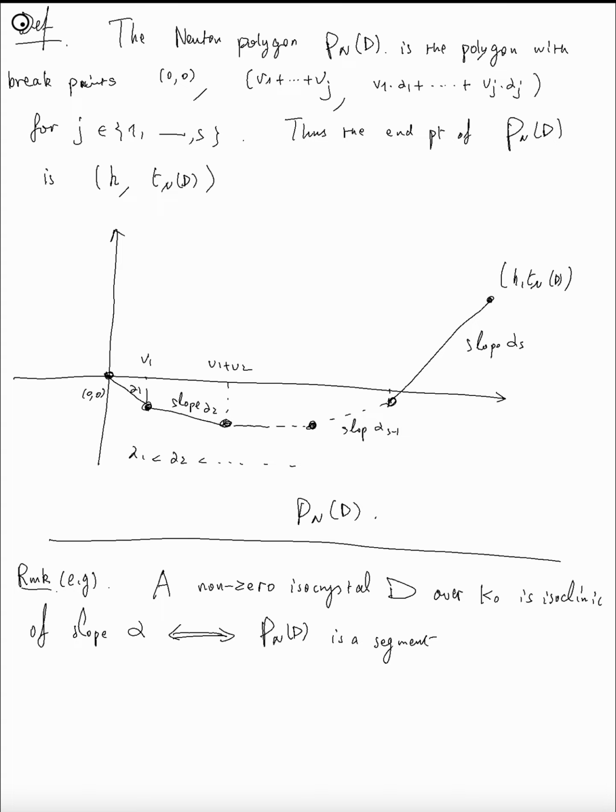Always start at 0, 0, with slope alpha, which is to say that D is isoclinic, slope alpha.